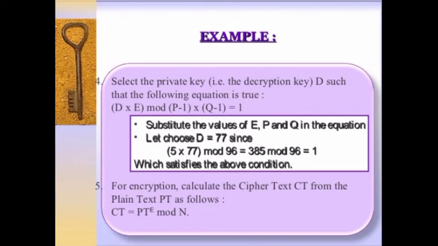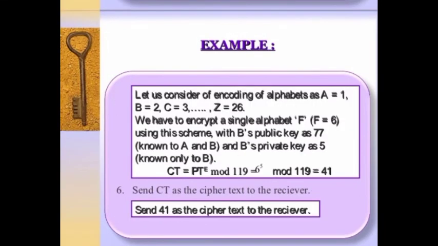So next, for encryption, calculate the ciphertext CT from the plain text PT as follows: CT is equal to PT raised to the power of E mod n. Let us consider an encoding of the alphabet as A equal to 1, B equal to 2, C equal to 3, and Z equal to 26.